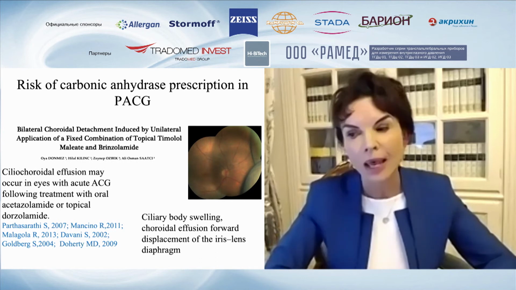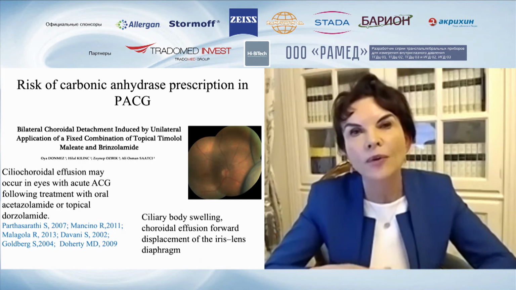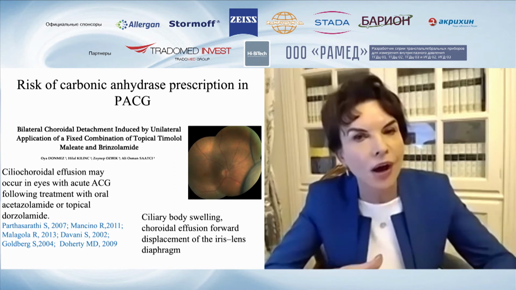So this is of course very dangerous, because this is very often associated with some cataract situations, cataract extraction and other surgical situations. So it means that this class of medication is not recommended for the treatment of primary angle closure. What about SLT?